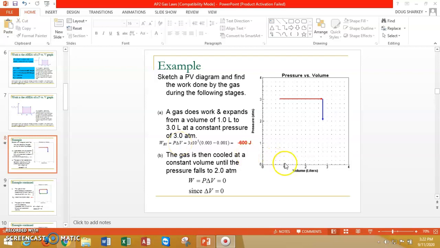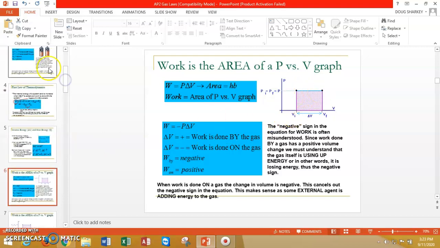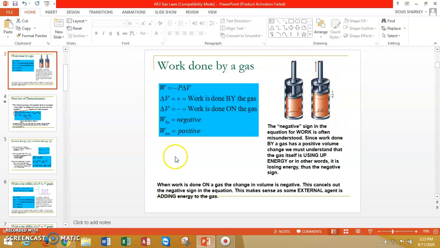There is a positive volume change. So what's happened is the piston has been forced up. Now, I need to add a little minus sign here because this is work done by the gas. And remember, we said that when work is done by the gas, we have a negative because the volume change is positive. Volume gets bigger. The piston is being forced up.